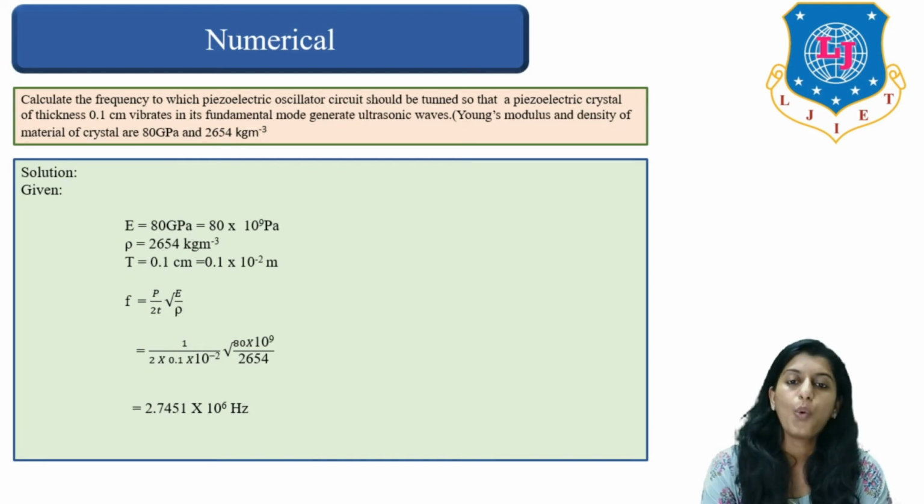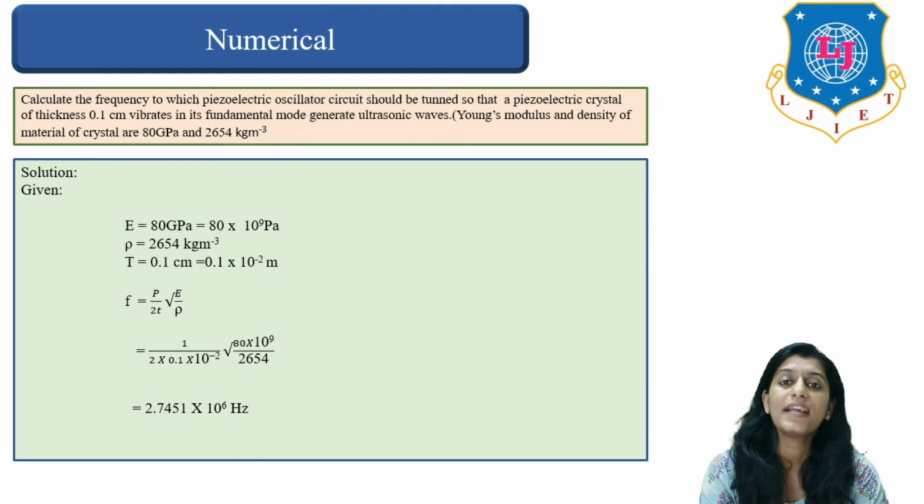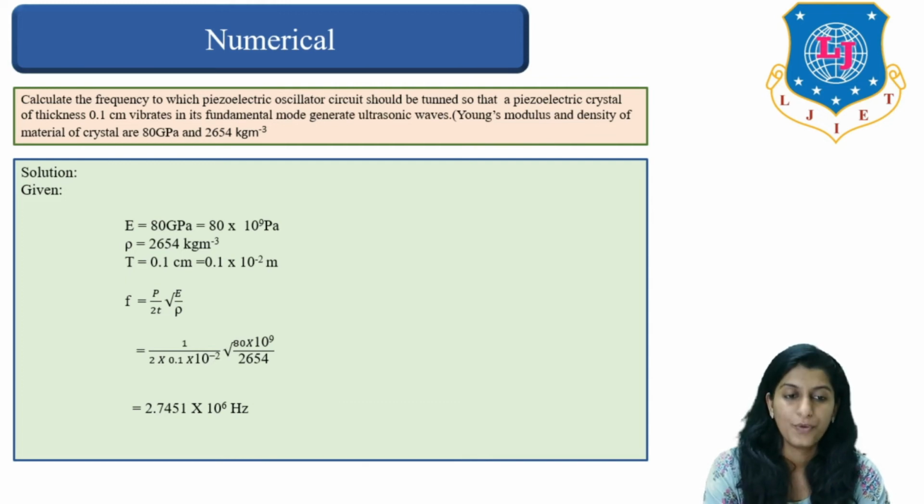Now let us solve one numerical based on this. So the problem statement is: calculate the frequency to which the piezoelectric oscillation circuit should be tuned so that a piezoelectric crystal of thickness 0.1 centimeter vibrates in its fundamental mode, generating ultrasonic wave.